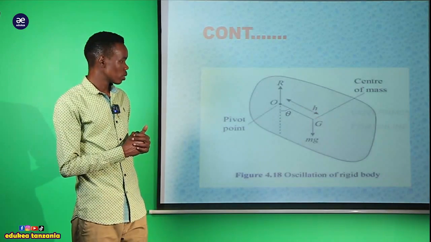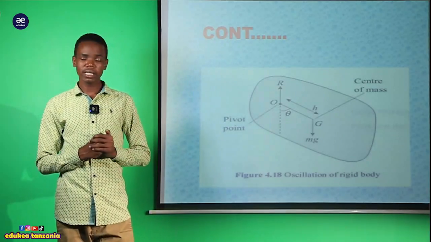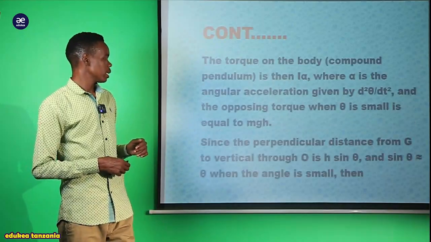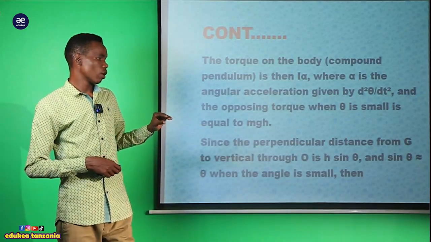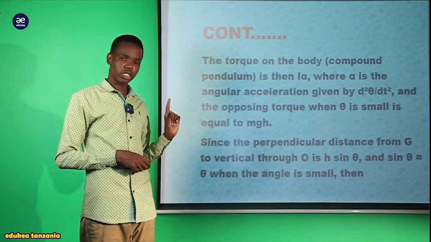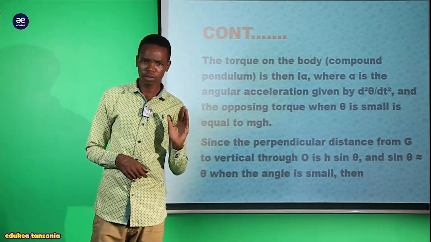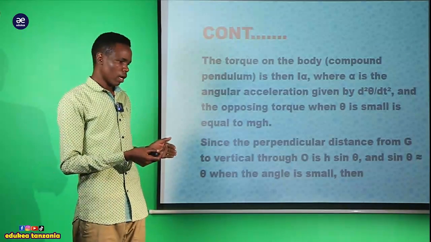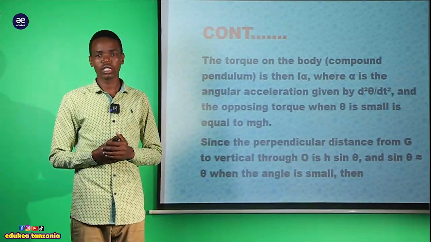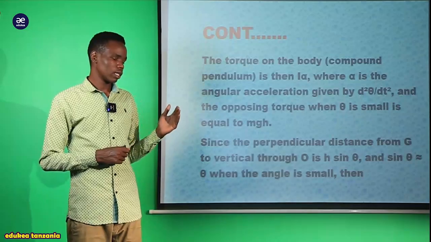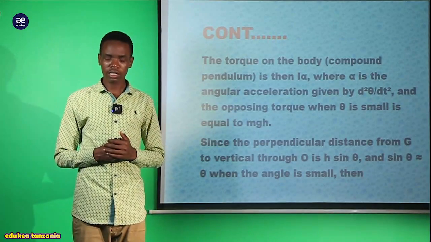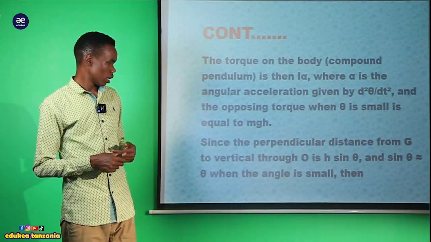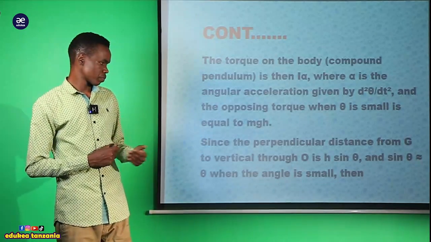Now, if we try to resolve here, we must obtain that the horizontal line must be equal to h sin theta, while the vertical line must be equal to h cosine theta.